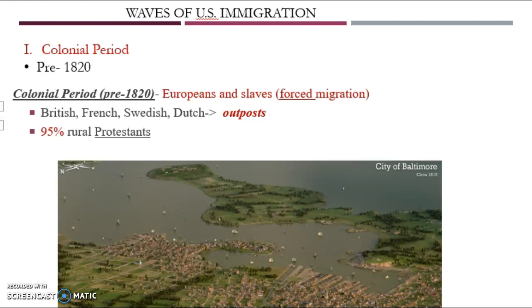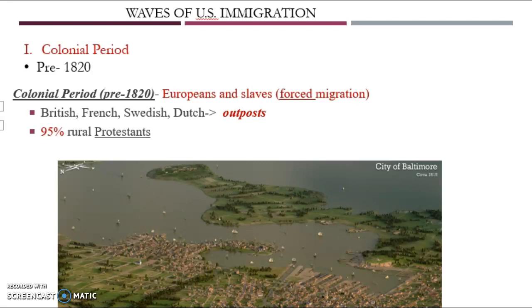We had British, French, Swedish, and Dutch people coming to North America because of the establishment of former colonies and outposts. So British North America, the former 13 colonies, provided a very welcoming, receiving community for individuals coming from the UK. The French presence, the Swedish presence, and the Dutch presence was also mixed into the east coast of North America.